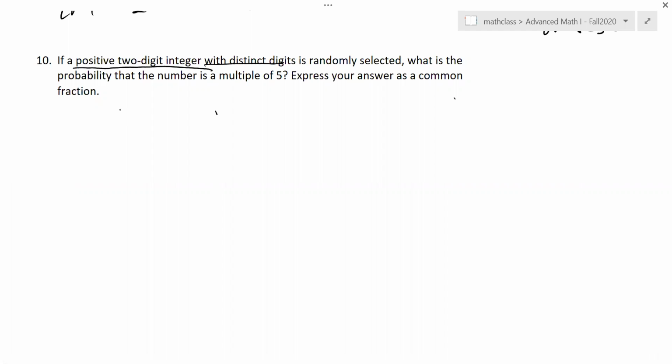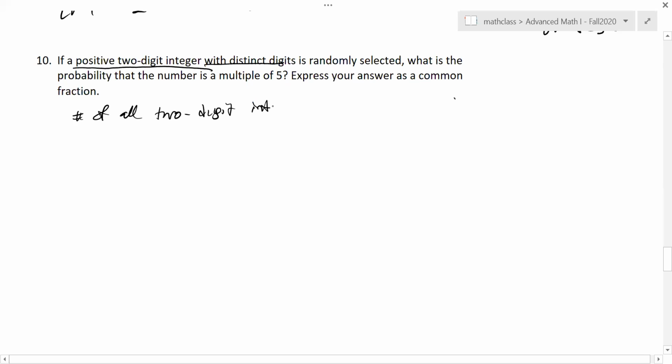So we have the number of all 2-digit integers with distinct digits. There's already a restriction there.